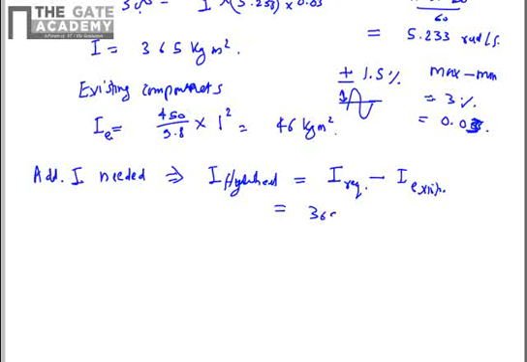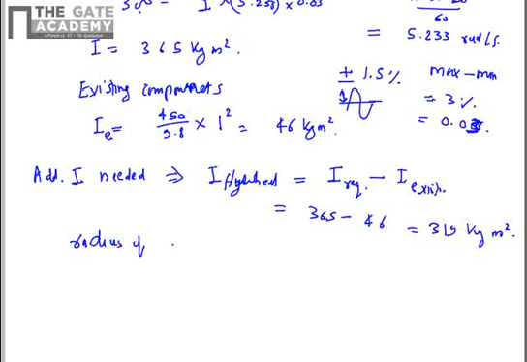So this is 365 minus 46, and this is 319 kg meter square. So the moment of inertia of the flywheel that you have to add is 319 kg meter square.